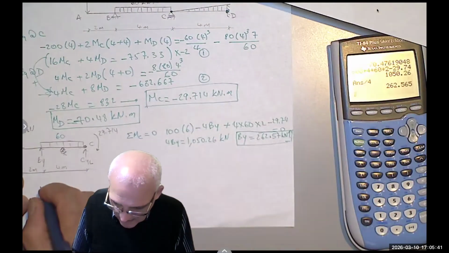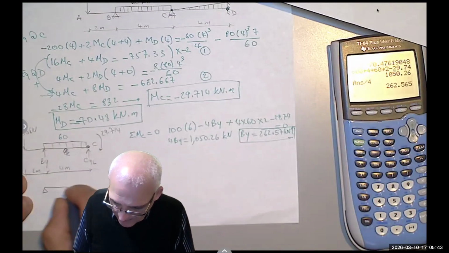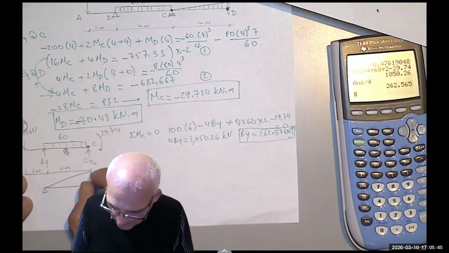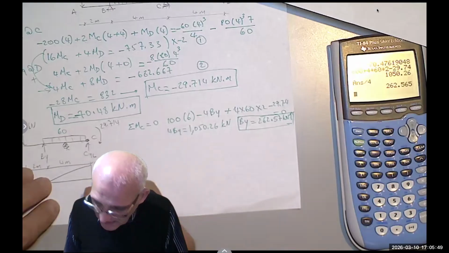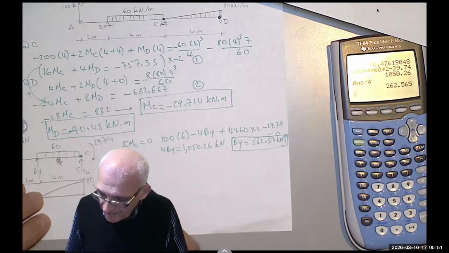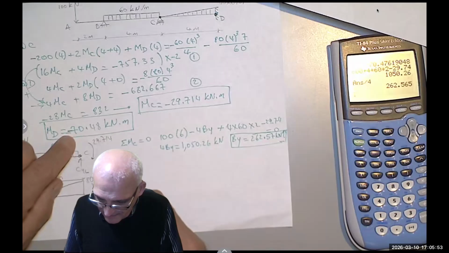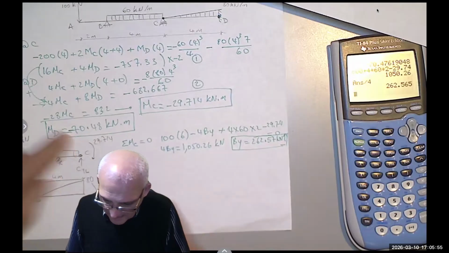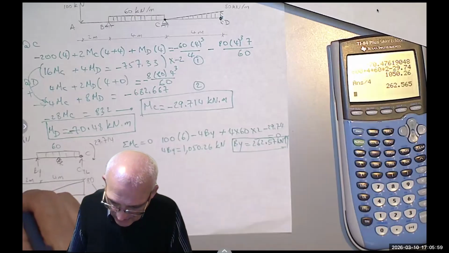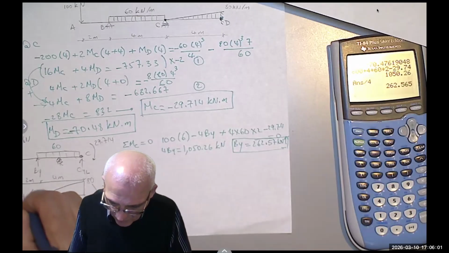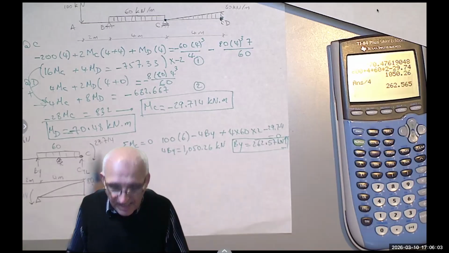I can take that part of the beam, and here I have a moment that was -70.48, and here there is a moment that is 29,714. Notice it has to cancel that.